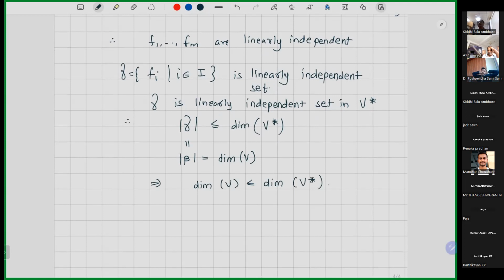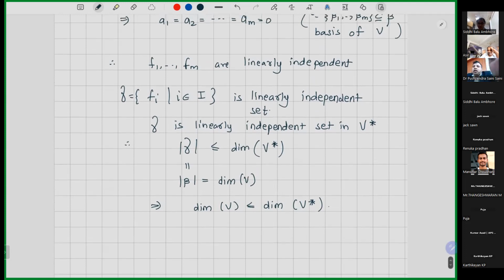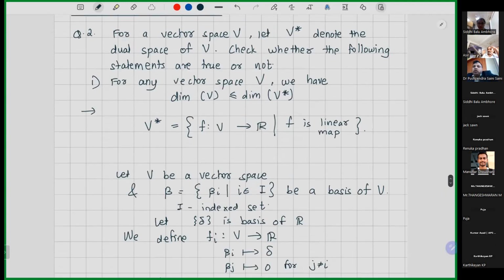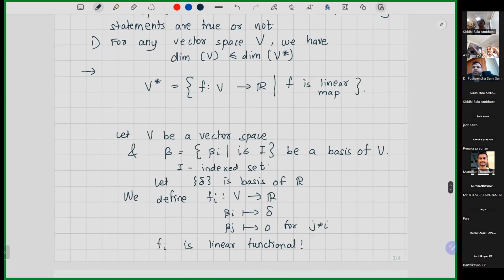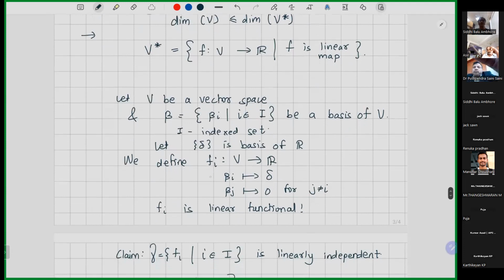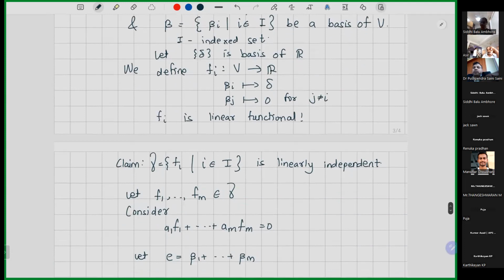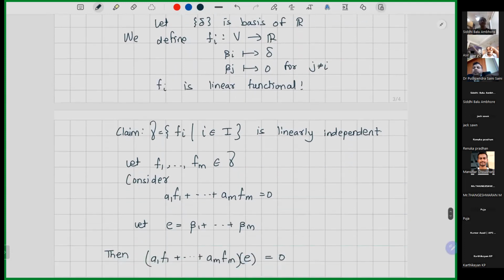Any doubts here? We started with any vector space. We started with its basis, and corresponding to each basis element we defined this map Fi, which is a linear functional, and we proved that the set containing all these Fi's is linearly independent.